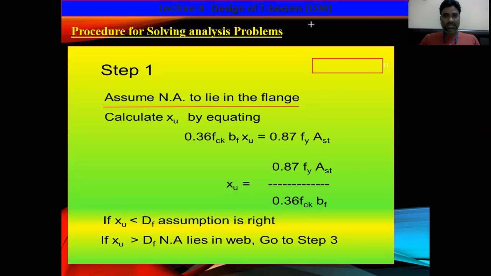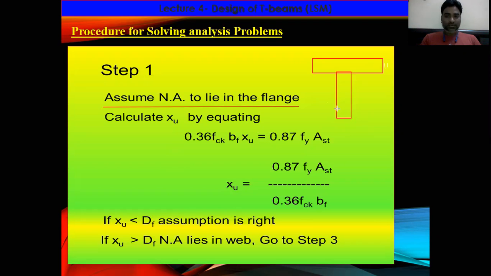Suppose this is a T. So first, before starting, you need to determine the depth of neutral axis. But here, the problem is whether it is within the flange or whether it is within the web. That you need to determine, right?